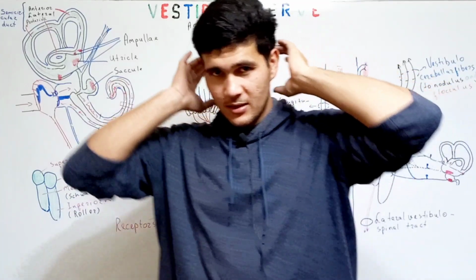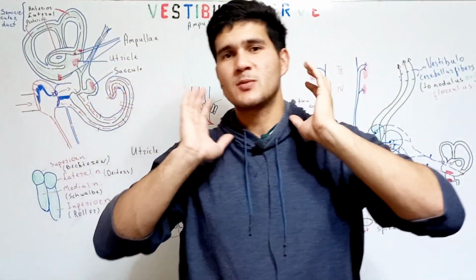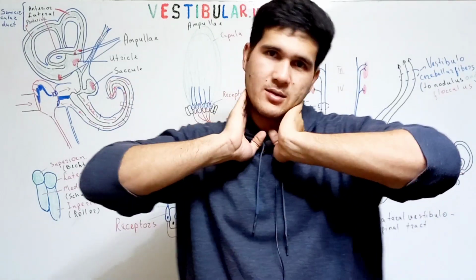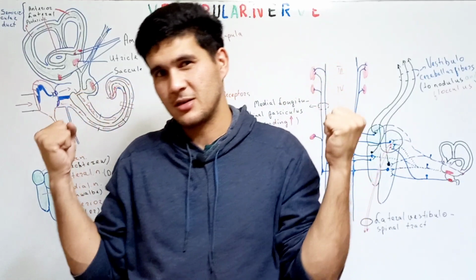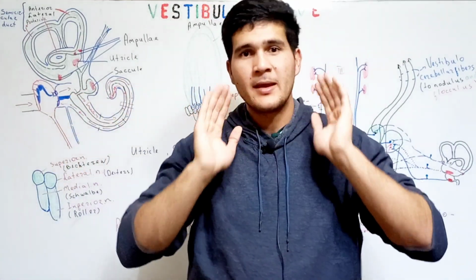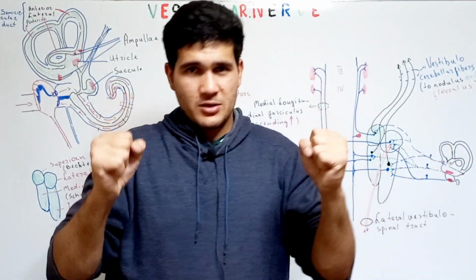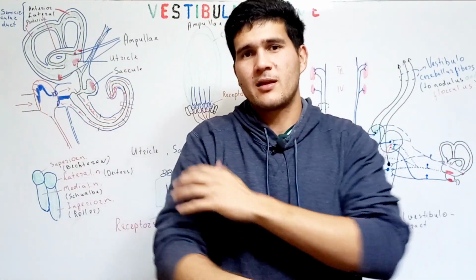You know, the cervical part of the spinal cord is responsible for moving our cervical muscles, contraction of our cervical muscles, and the upper thoracic spinal cord's main function is contracting our upper limb muscles.